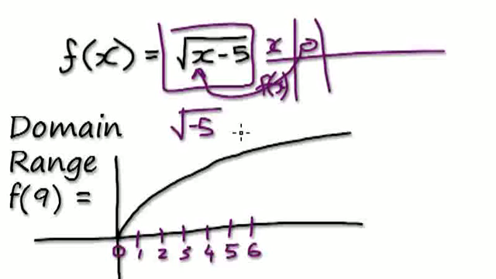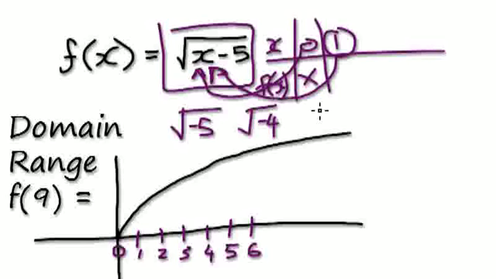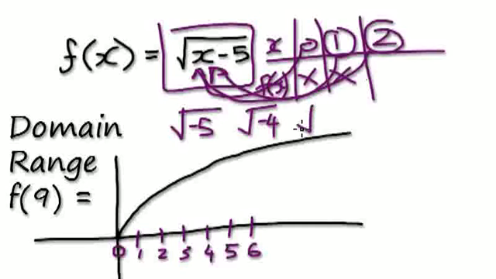Negative 5, it breaks down. When you put 1 into here, you are in effect trying to square root negative 4. It breaks down. When you try and put 2 into here, you're in effect trying to square root negative 3. Again, it breaks down, and so on.